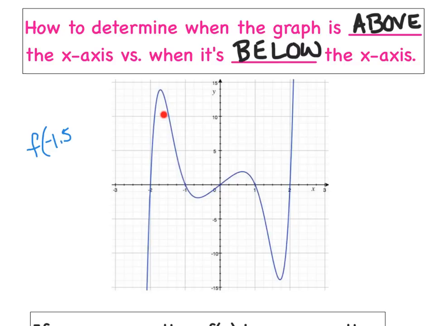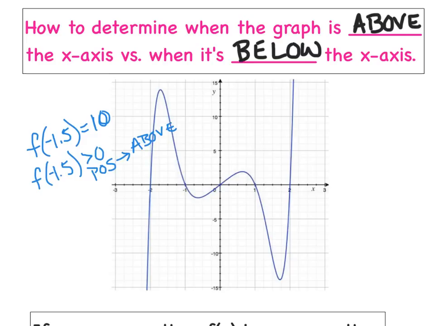We're going to go straight up, and it looks like the y value is about 10. Here's what we're saying: f of -1.5 is greater than 0, because the answer was a positive 10. And anything that's greater than 0, anything that's positive, means the graph is above the x-axis.